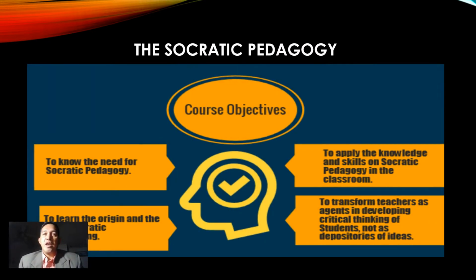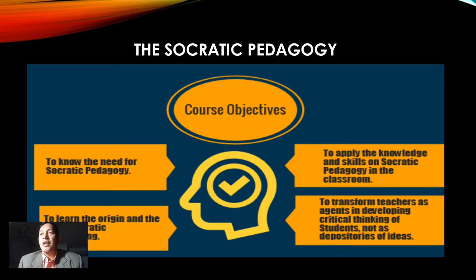And so I would like to end this short video orientation and my welcome to you by citing the 4 important objectives of the course. We would like to know why there is a need for Socratic pedagogy. Second, we need to learn from Socrates the origin of this pedagogy and the art of Socratic questioning.